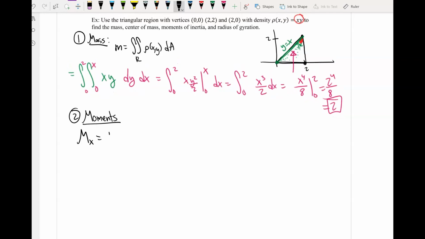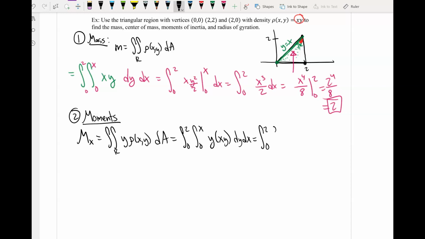M sub x is the double integral over the region R of y times rho(x,y) dA. This is exactly the same integral, from 0 to 2 and from 0 to x, but now we have a y times xy, dy dx. So you end up with the integral from 0 to 2, from 0 to x, of x y squared dy dx.